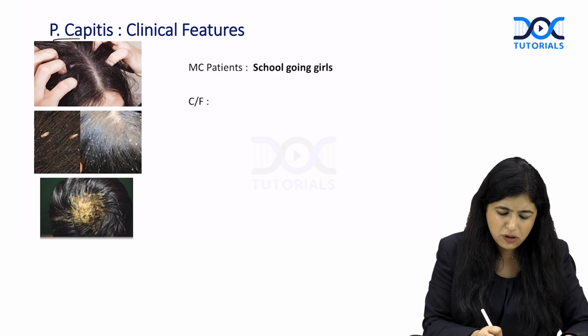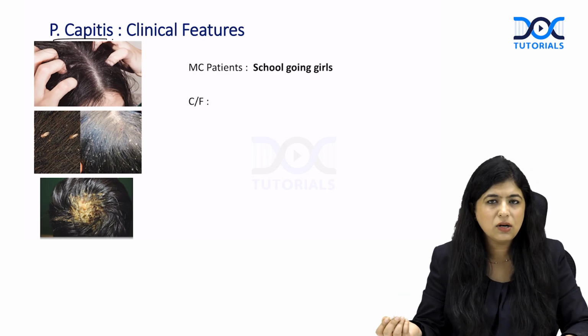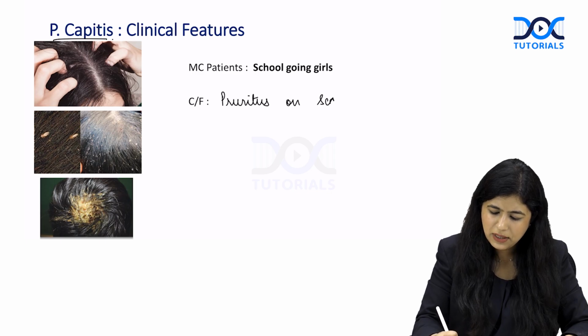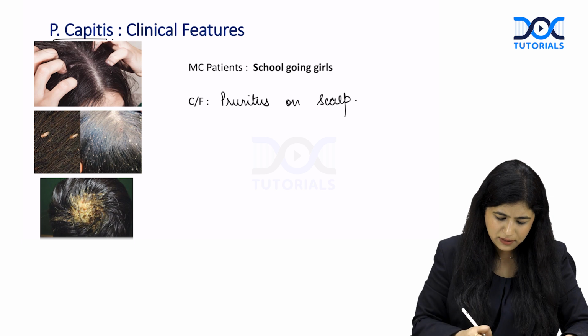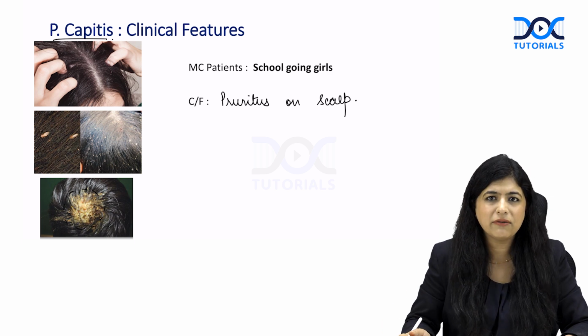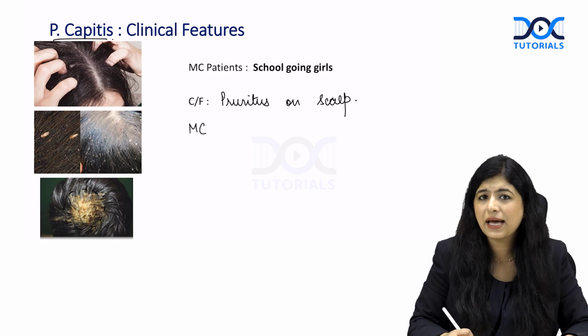Coming to pediculosis capitis, which often presents in school-going girls with long hair as pruritus on the scalp. Now, when you keep itching, you may also create scratches which can get secondarily infected with bacteria. So this also presents as a recurrent scalp pyoderma.